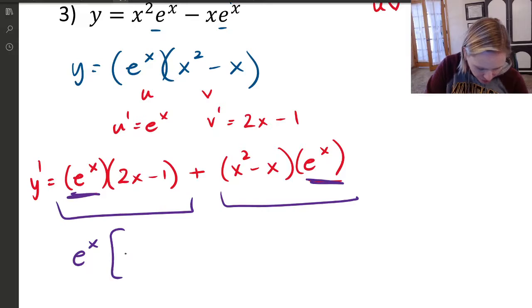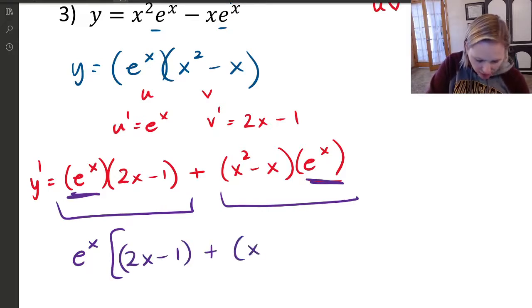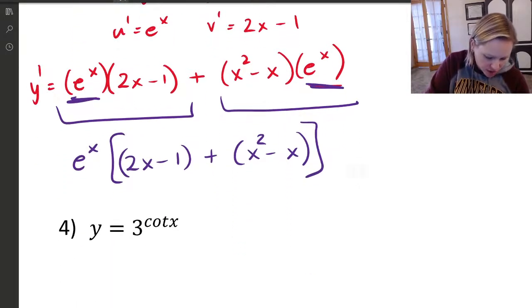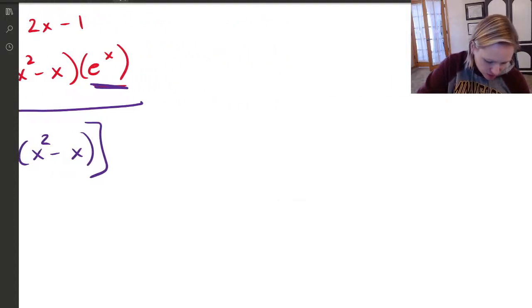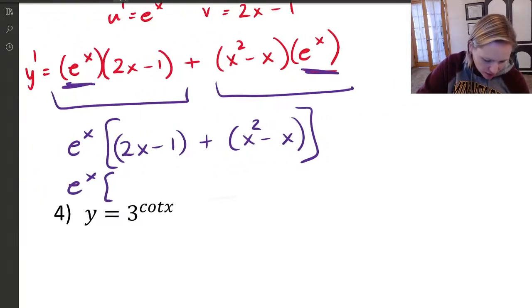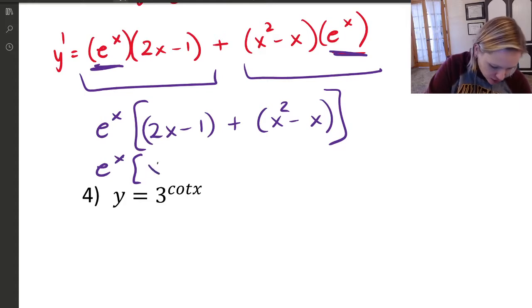And what's left is 2x minus 1 plus x squared minus x. And when I combine all of those like terms, I have e to the x times x squared plus x, 2x and negative x, and then minus 1.